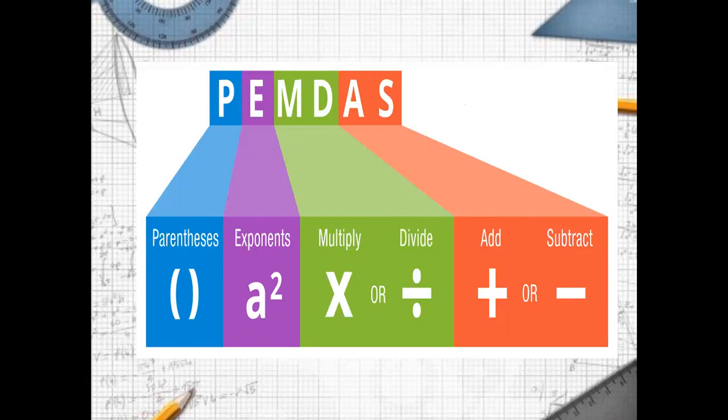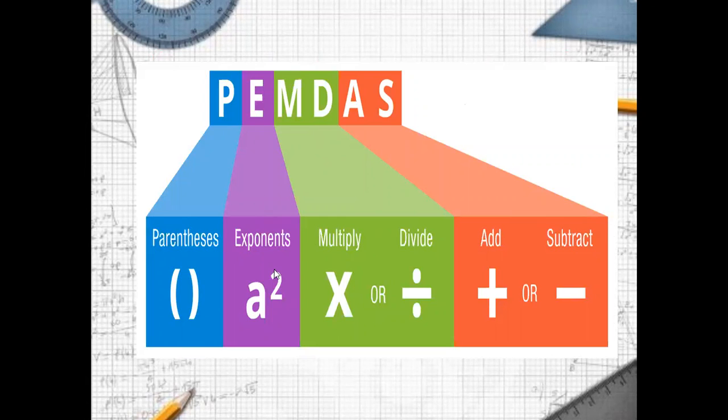Now PEMDAS is an order you have to follow whenever you're solving questions related to equations or expressions. If you do not follow this order, your answer will be wrong. So P stands for parenthesis, which means any numbers inside parenthesis, we need to solve them first before we do anything else. So first solve the numbers within parenthesis.